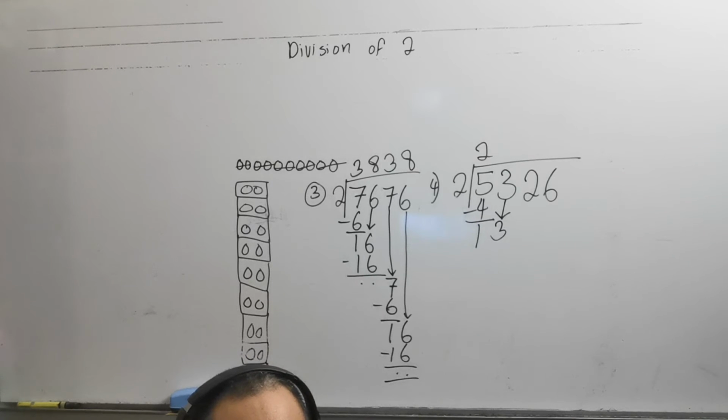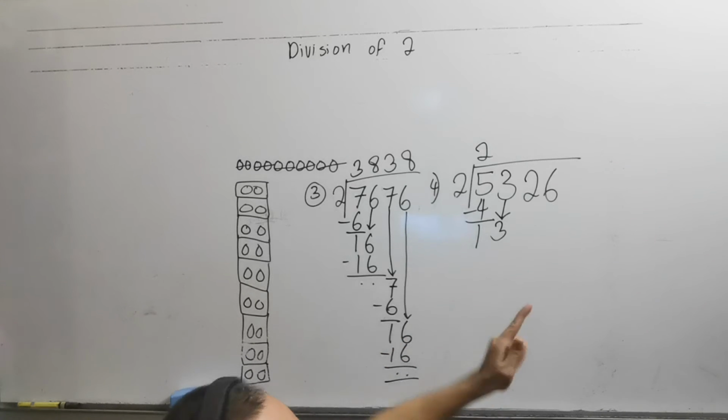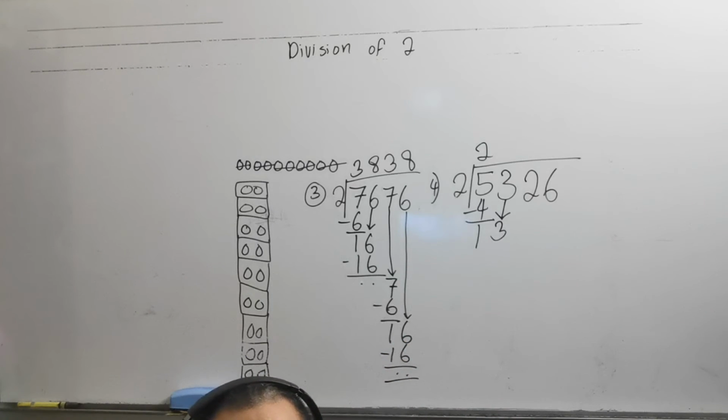Okay. 12. 14. But stop. We do not want until 14. We want until this number only, or less than this number. What is the nearest number to 13 that we had just now, but less than that?